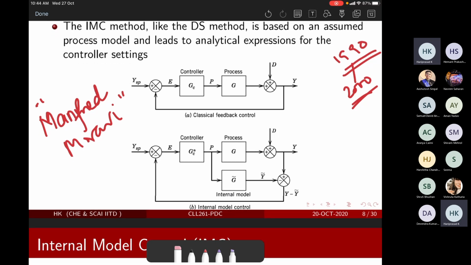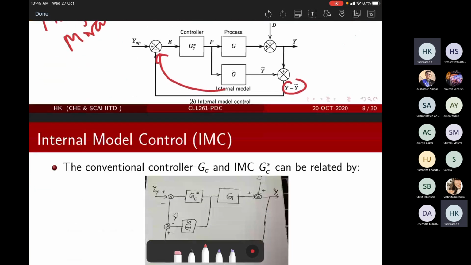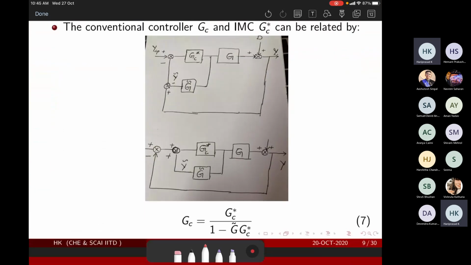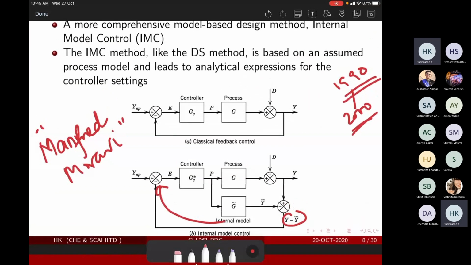So you have y minus y tilde being sent back over here.